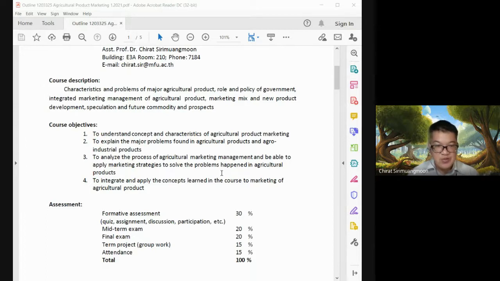Then you will be able to analyze the process of agricultural products marketing management and apply marketing strategies. I'm going to ask you to do a term project, which is group work. And finally, you will be able to integrate and apply the concepts that you learned from the lectures to the topics that you selected.